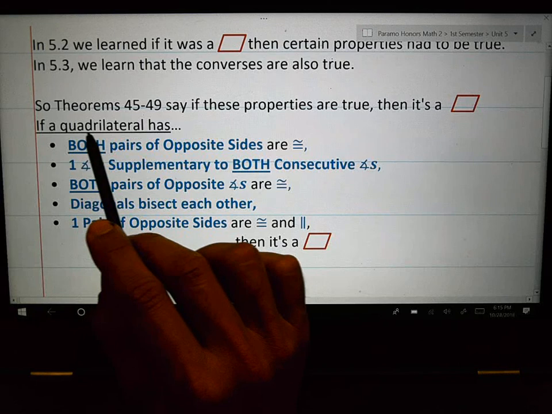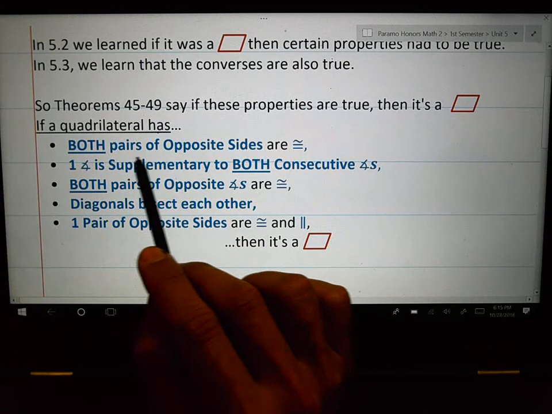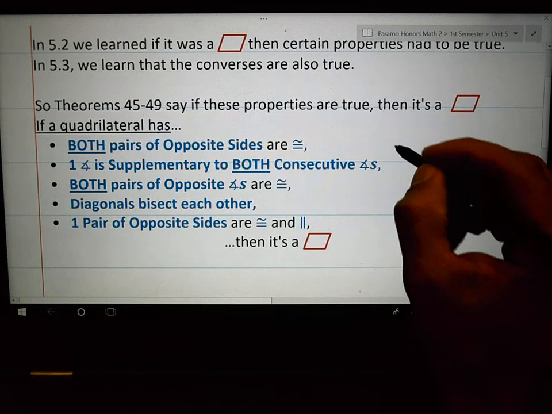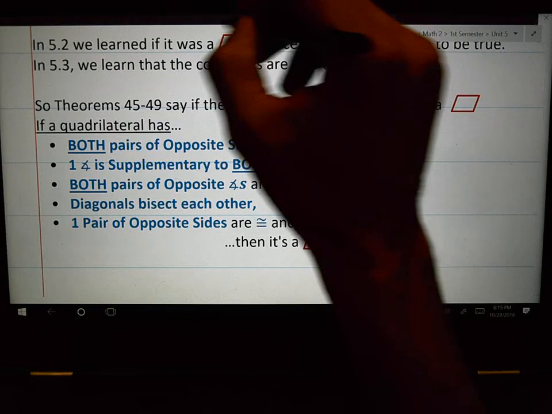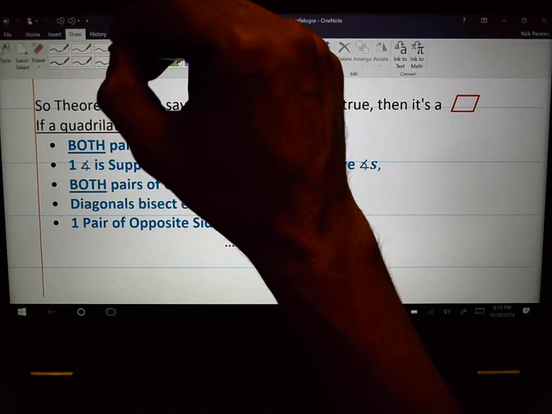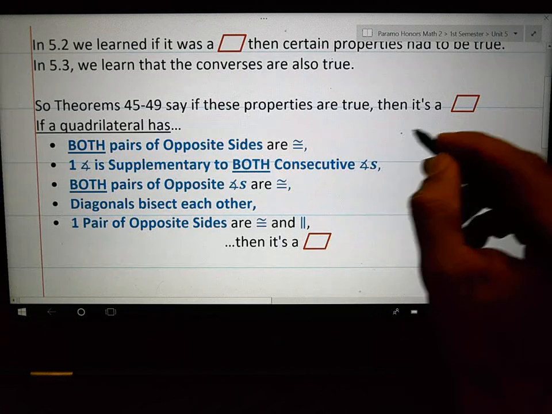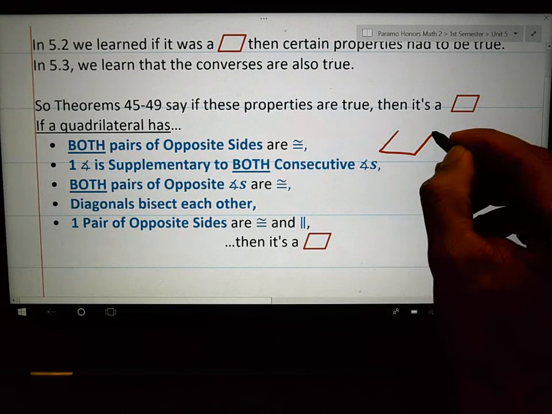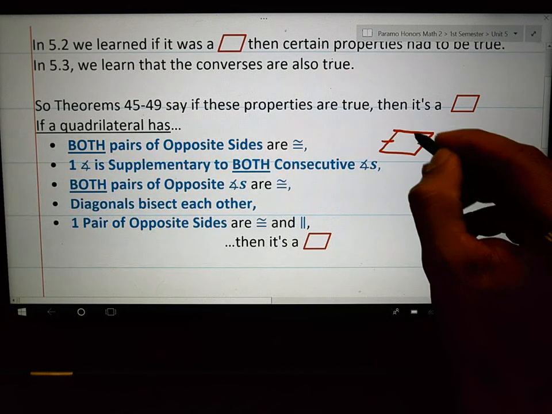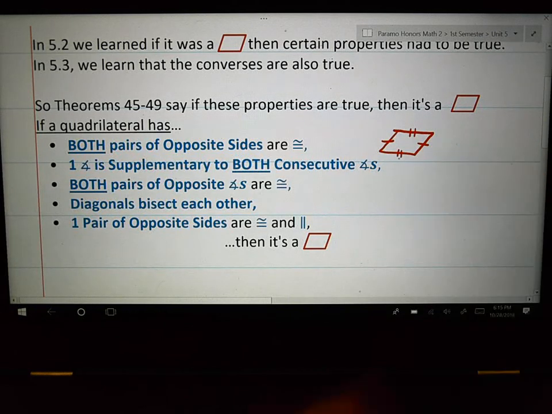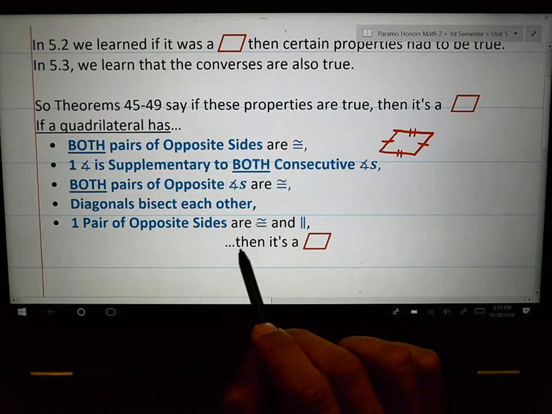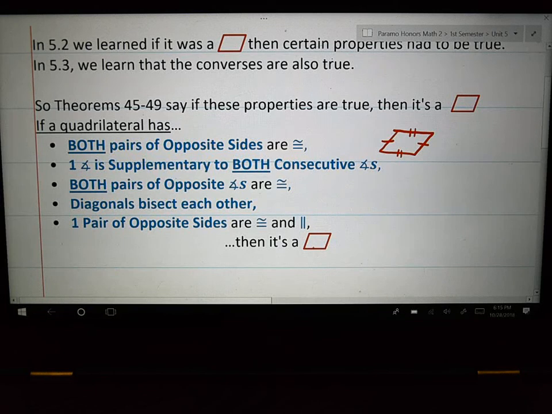If a quadrilateral has both pairs of opposite sides congruent, then it must be a parallelogram. It's just the converse of what we did before. Here's the picture that goes along with what you just wrote down.